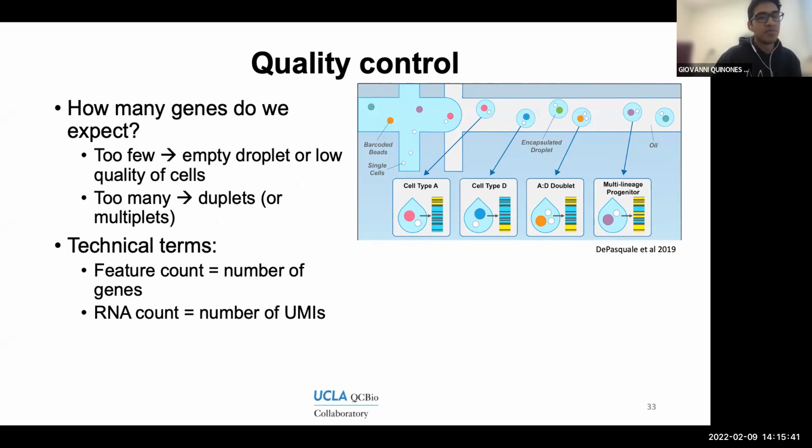And now you may wonder, okay, but what is too few? What is too many? The short answer to that question is whatever is an outlier in our distribution. We're going to see that in more detail in our code, but for now, we'll get a distribution from all the cells.